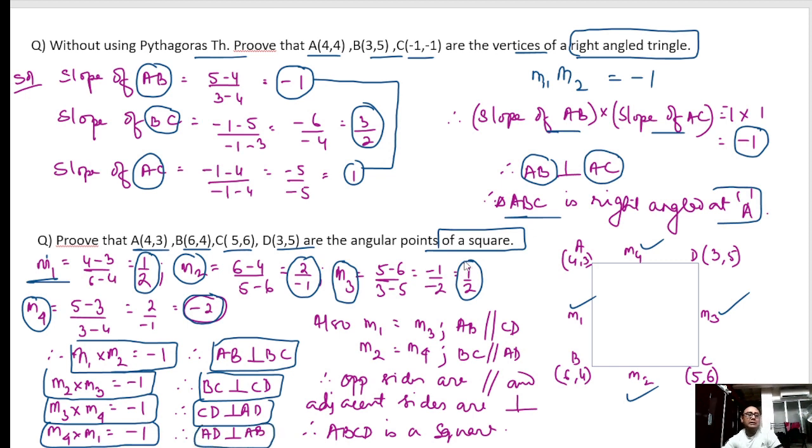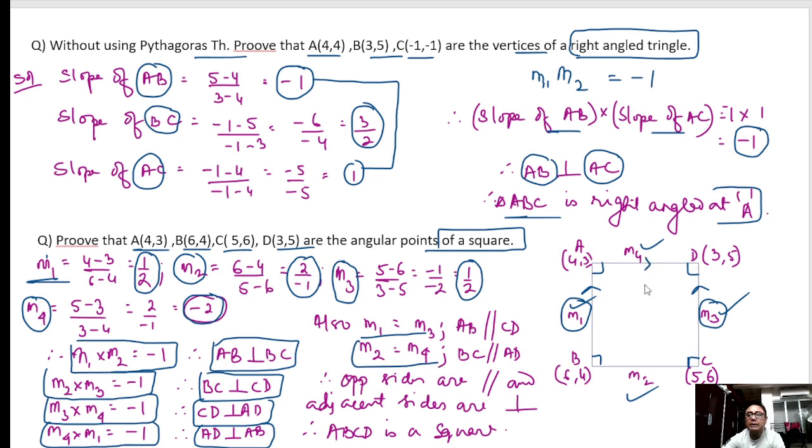So we can see also that M1 is equal to M3. Now if M1 and M3 are equal, I can tell these are parallel lines, and already I proved that these are perpendicular, 90 degree. Also M2 and M4 are coming equal.